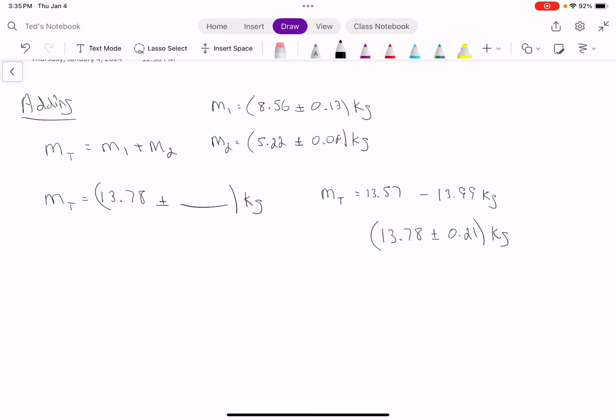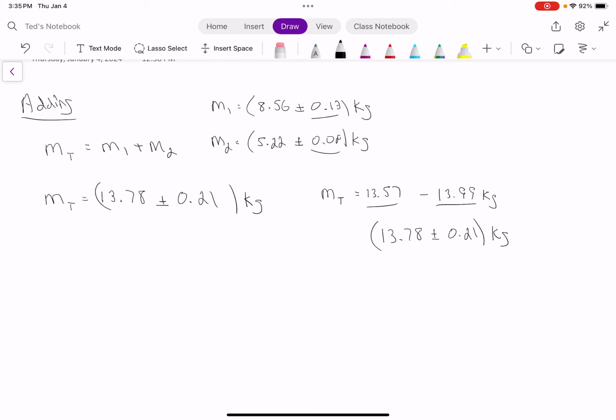And I hope this makes sense, because if I do 13.78 minus 0.21, I get the smallest the answer could possibly be. And if I do 13.78 plus 0.21, I get the biggest the answer could possibly be. So the uncertainty in our answer is related to the uncertainty in the pieces we started with. The uncertainty in the answer is 0.21.